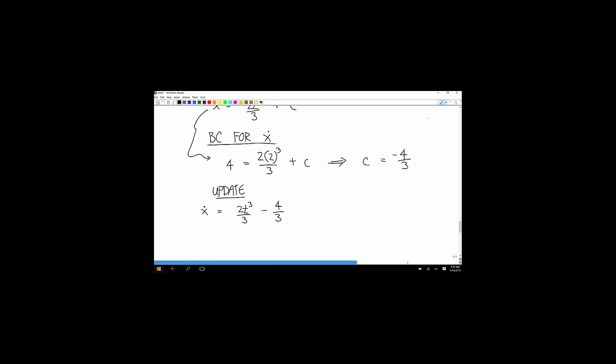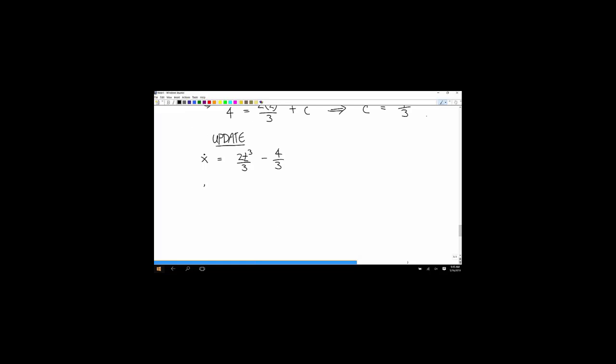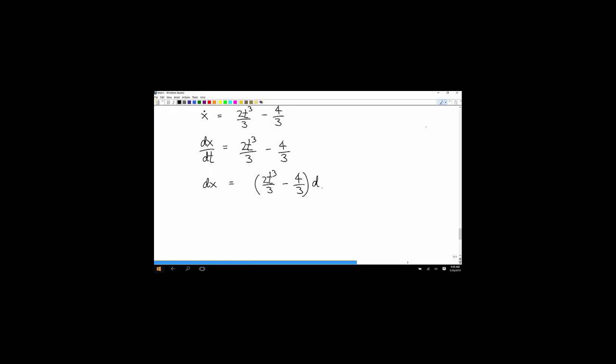And now the second step, x dot is dx dt. So we have dx dt is equal to 2t cubed over 3 minus 4/3. So we multiply dt to both sides, and we get dx is equal to 2t cubed over 3 minus 4/3 dt.